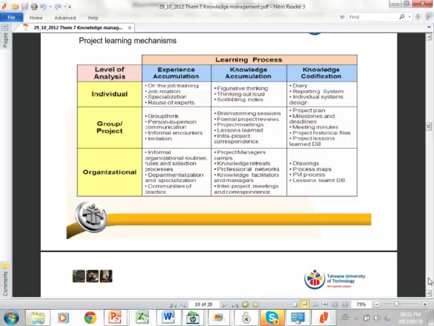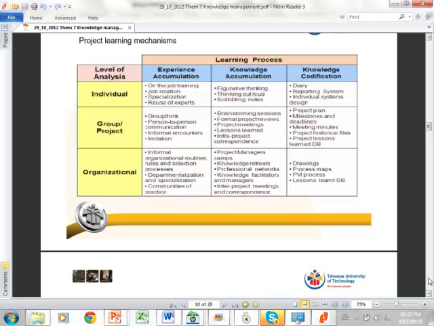And then the knowledge codification, this is where we now make sure that everything that we've learned is written down. Okay, so here we have the lessons learned database, the project management process, the process maps, and the drawings at the organizational level.